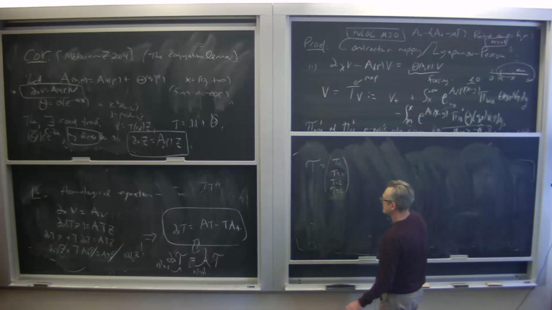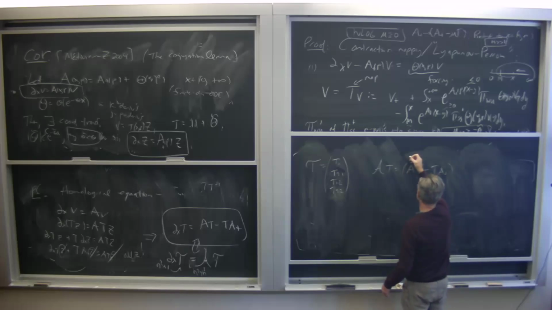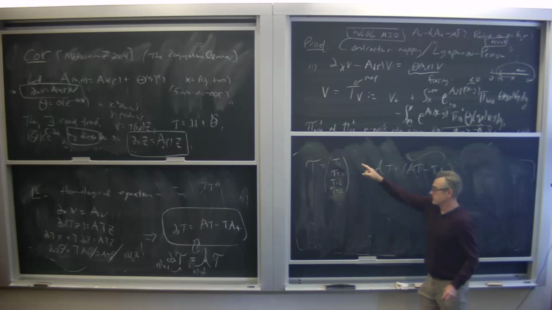And now script A T should be AT minus T A, made calligraphic. In other words, I want to write down the first column and the second column.